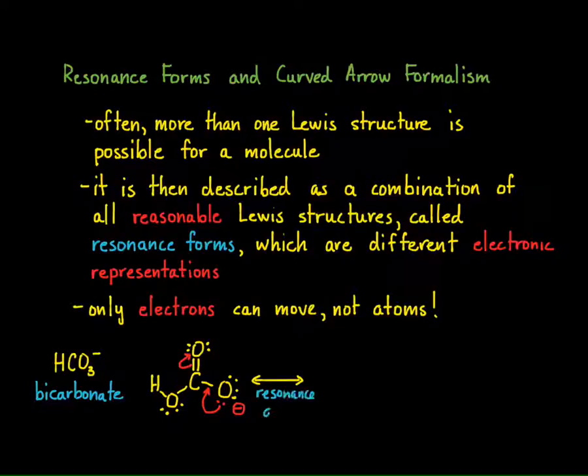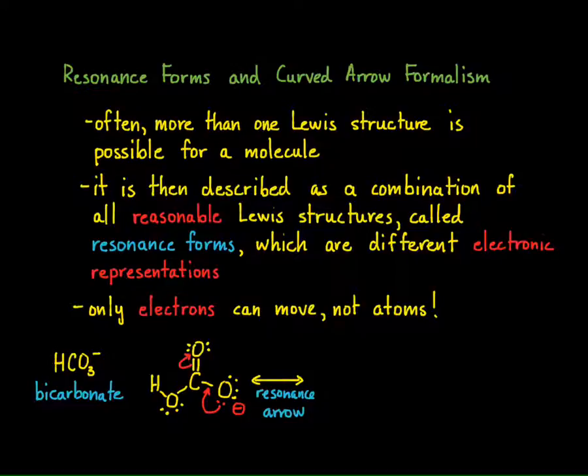This is what's called a resonance arrow. You're going to see that the arrows we use are very particular in terms of what we're trying to demonstrate. If we're demonstrating resonance, we see this arrow. If we are demonstrating equilibrium, we see a different type of arrow, which I'll show a little bit later on.